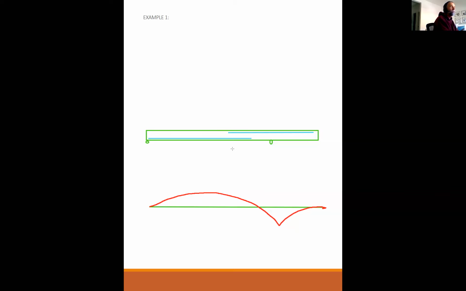But the first part of the answer to your question is that, although this is much more complex than the intent of the problem, you could look at it as, in the region of maximum positive bending right here, you didn't have any tension or compression steel. It was all tension steel, all in the bottom of the beam. And likewise, where you have maximum negative bending, you may not have had any steel in the bottom of the beam, which would be acting as compression steel.